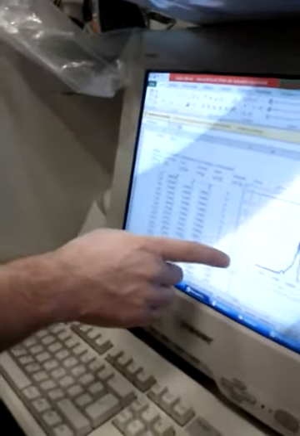And so we can see here the volume of pore having this size.